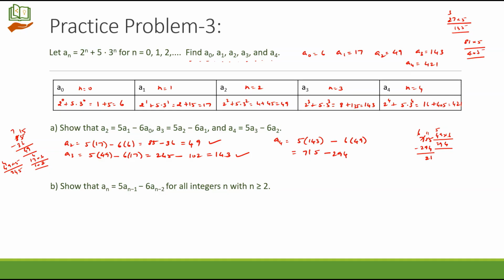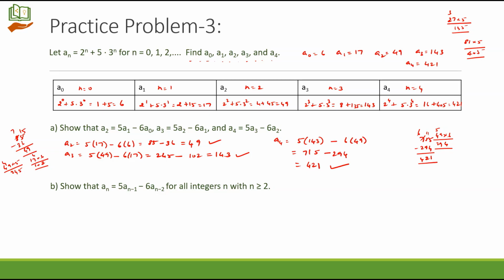Then we have 6 minus 2 as 4. So ultimately we get 421. Did we get A4 is equal to 421? Yes, it is right. Now we have verified that A2, A3 and A4 are equal to these particular values. All are right. Now let's get into the second subdivision problem.